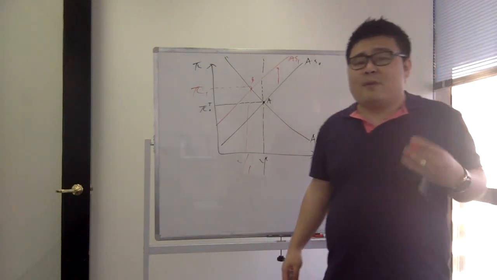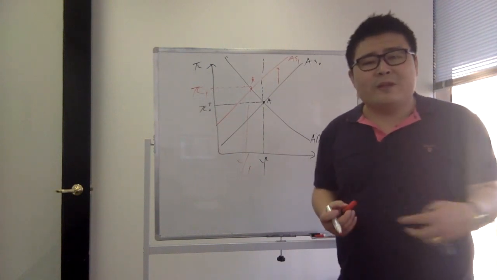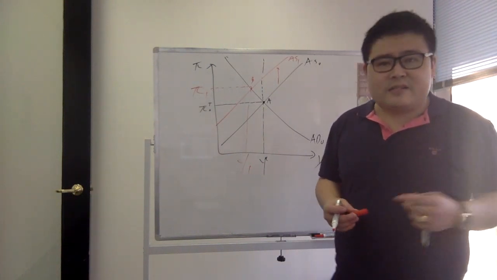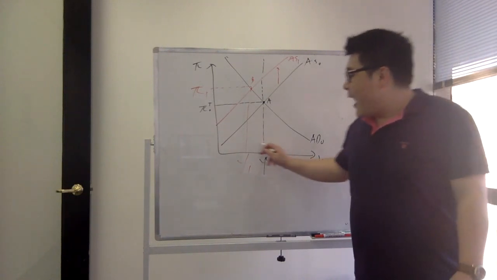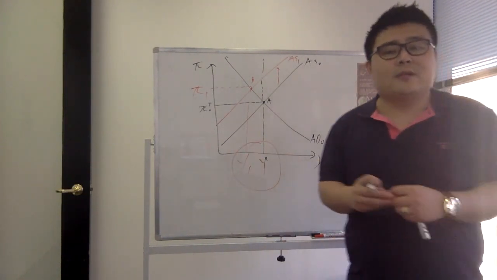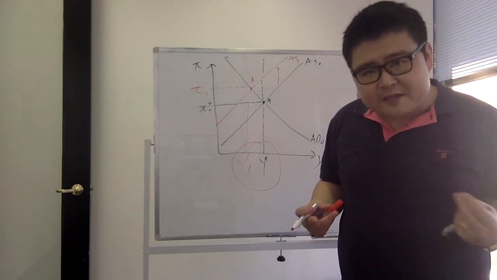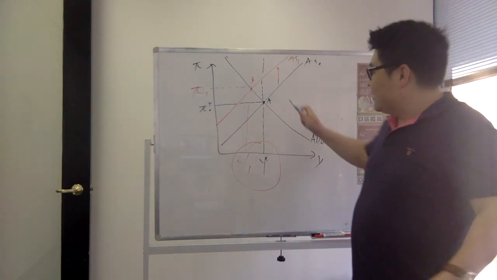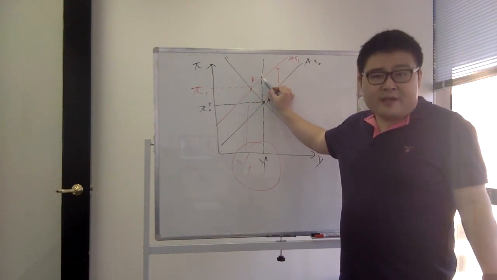Now, one thing you have to be careful about is that it really comes down to what the RBA's stance is, right? If the RBA cares about the output gap so much that it doesn't care about inflation, then the best way to fix a temporary shock is just to push the aggregate demand curve back towards the right. And how to do that?